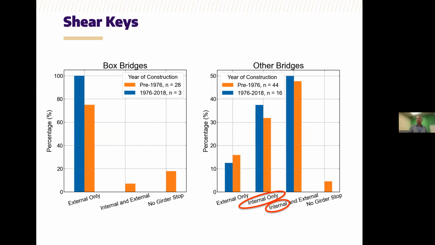The other bridges have different kinds of shear keys. So this plot isn't important in itself, but it's really representative of maybe, I don't know, 30 or 40 kind of variables we kept track of in terms of location, in terms of year of construction, to try to figure out what the inventory looks like.